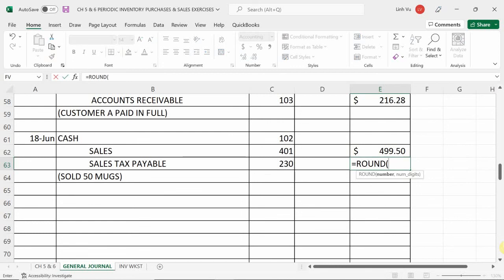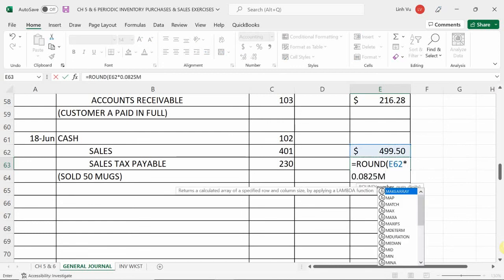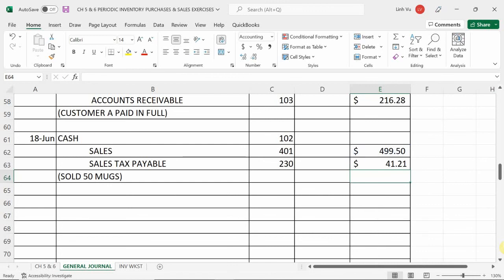Tax. $41.21. Yes, so grand total, you received $540.71.